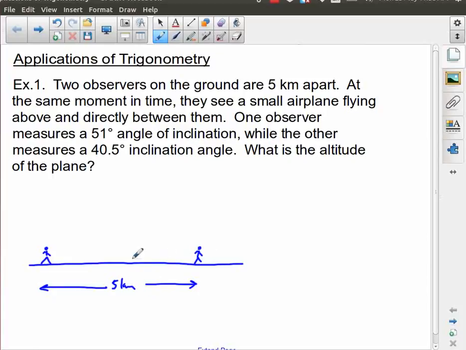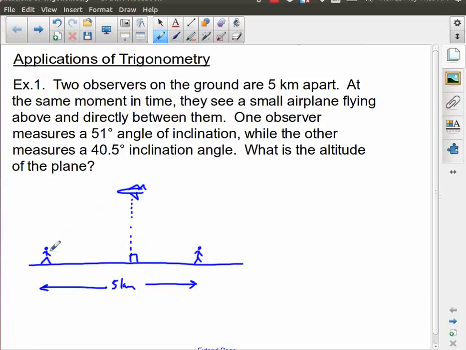And at the exact same moment in time, these two observers see a plane. Let's see, how am I going to draw this? And it is directly between them. So one observer looks up at the plane. So first of all, the plane is above the ground, so it's at some point directly above the ground at a right angle.